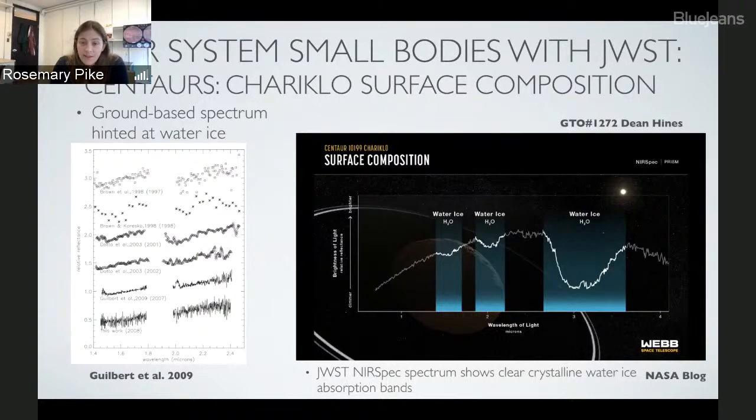I'm about to show a whole bunch of small body surface spectra, and you should keep in mind for all of them pretty much that most of the ground-based spectra that we've taken has been relatively featureless, with the exception of the really large dwarf planets. And then in the optical, we mostly just see like a featureless reddening line at varying degrees of slope. And there's not really a lot of absorption or emission.